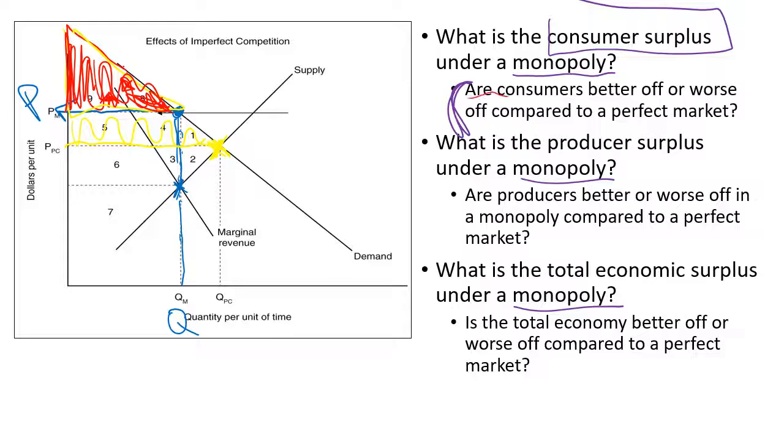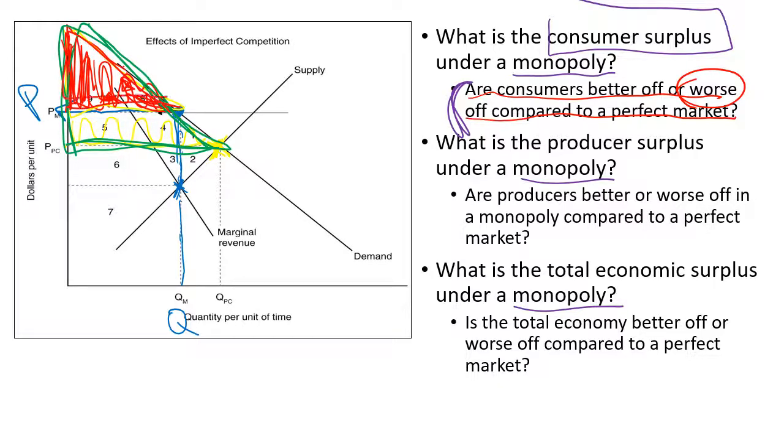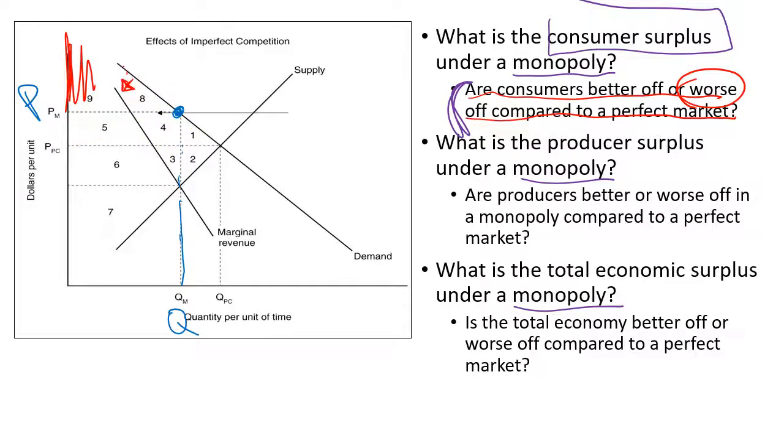So when we ask, are consumers better off or are they worse off compared to a perfect market? They are worse off because their consumer surplus is less. Because again, in the previous example of the market equilibrium, the consumer surplus was this entire green triangle, and now the consumer surplus has shrunk to this reddish triangle here. Okay, so we'll move on to the next question that is listed.